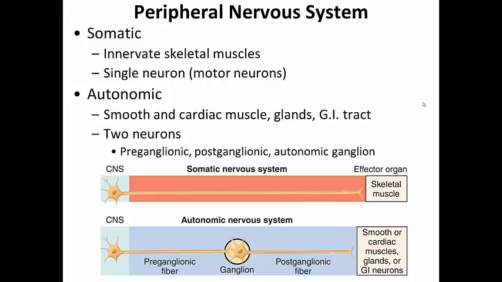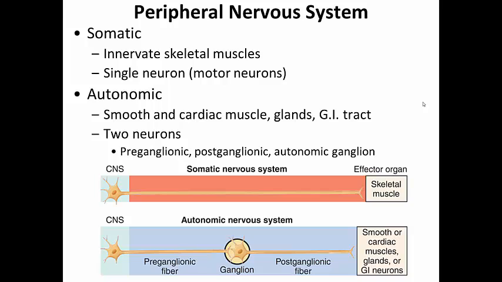There are no inhibitory neurons that make their way to skeletal muscles as part of the somatic nervous system, but rather the contracted or relaxed state of a muscle depends on the frequency of action potentials that head down these somatic neurons.